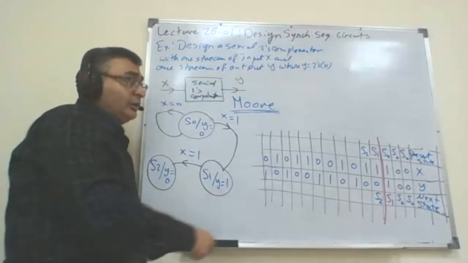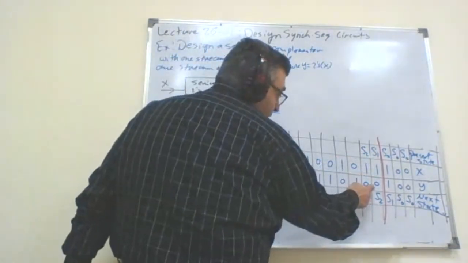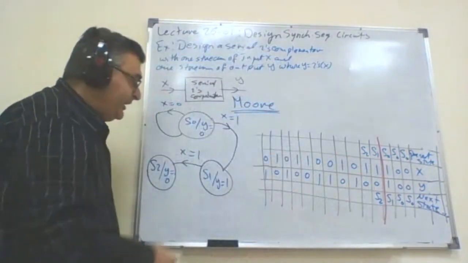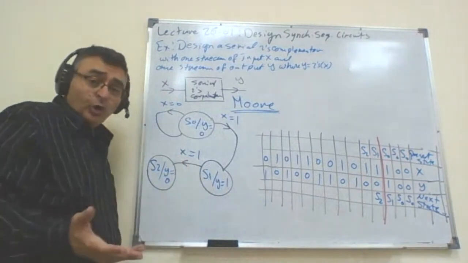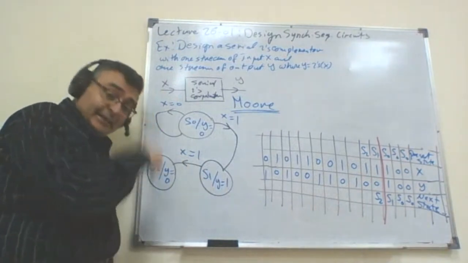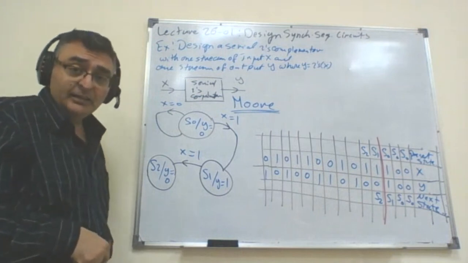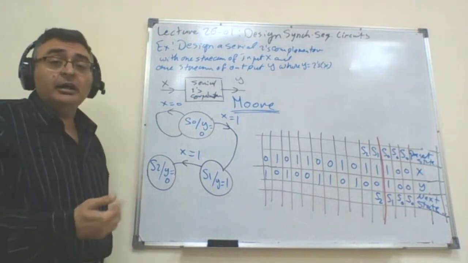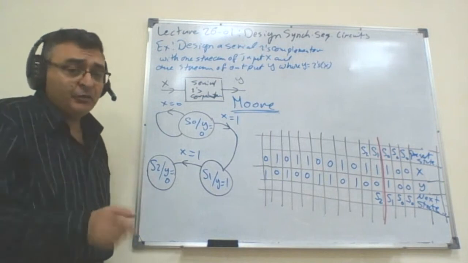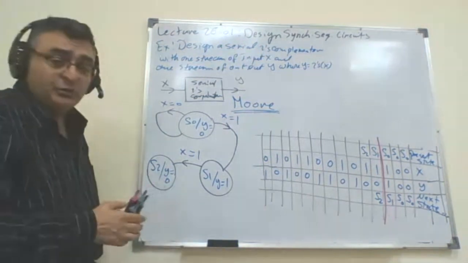Can I go back to S1? No, I cannot go back to S1, because actually I need an output to be 0. Or I can stay in S2. So is this valid? Yes, as long as I can live without creating a new state, let me do that.